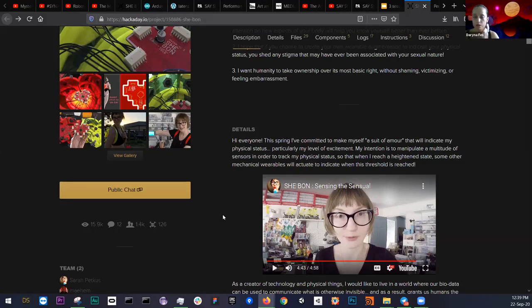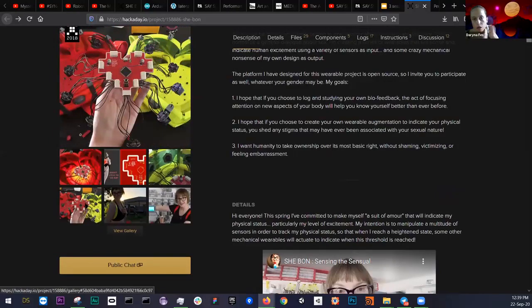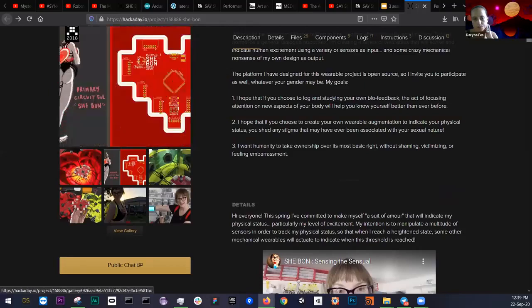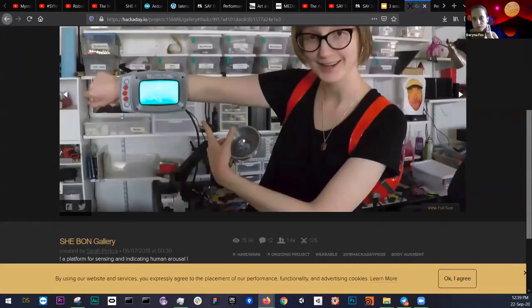You can see that all this backpack she made by herself. I think she used Arduino, and she also made the details. You can see that the details were actually printed on a 3D printer.